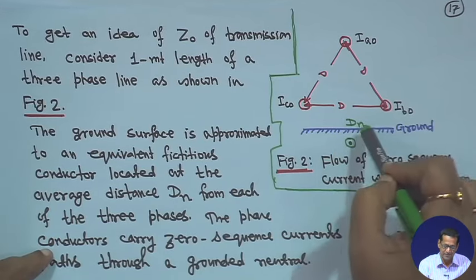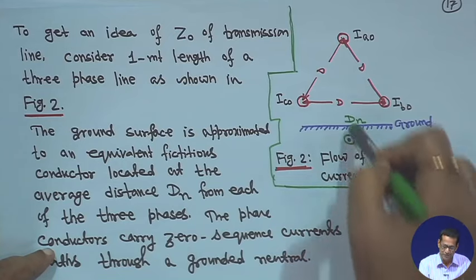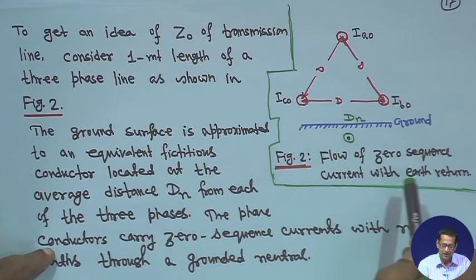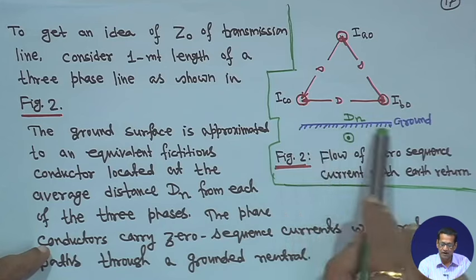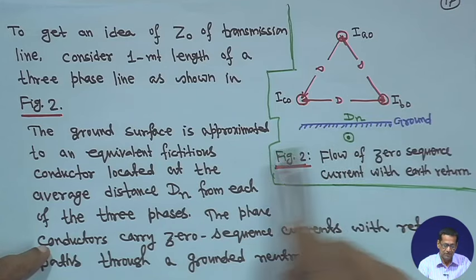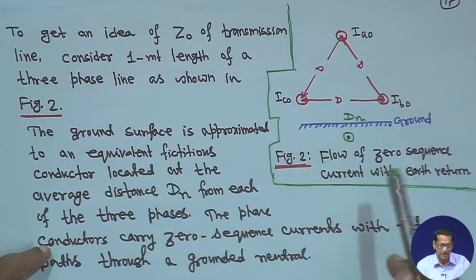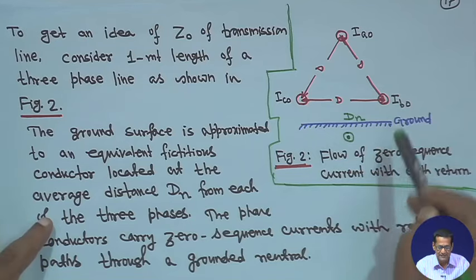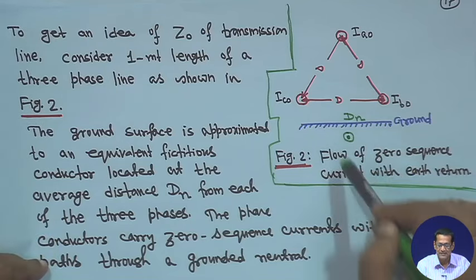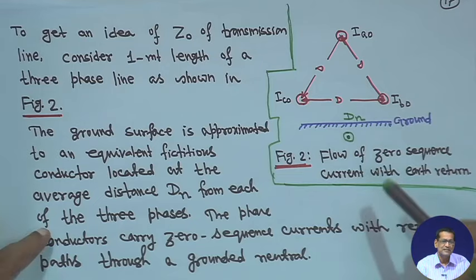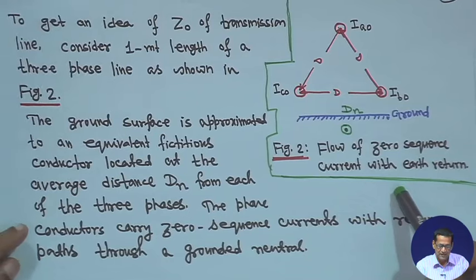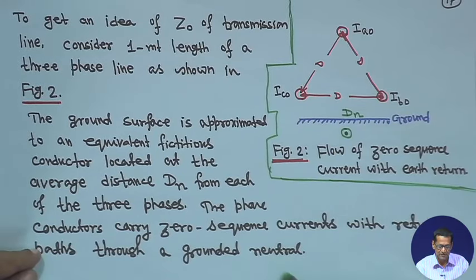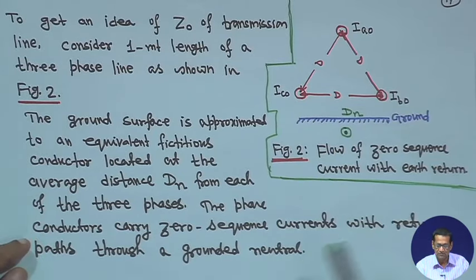Actually, this dN I have shown very close, I should have shown it a little bit away from this, but anyway, the ground surface is approximated to an equivalent fictitious conductor located at the average distance dN from each of the 3 phases. So, this is an assumption.